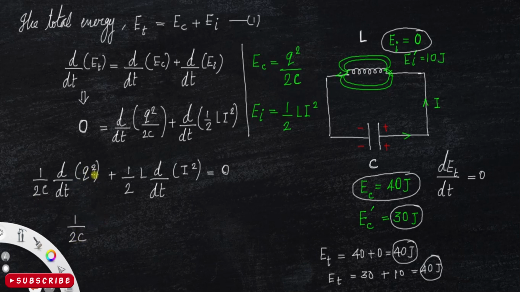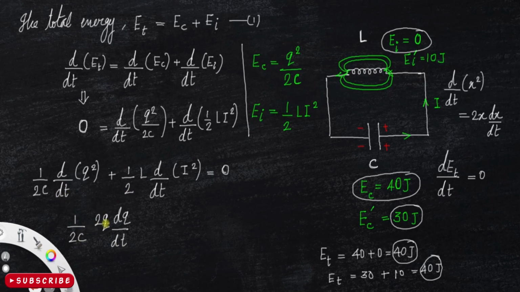See, d by dt of Q square is 2Q, then you have to put dq by dt, since the variables in here are different, here it is Q and here it is t. That is, when we have d by dt of x square, we have to write 2x, first find the derivative of x square, that is 2x, then you have to put dx by dt. Clear? Because the variables in here are different.